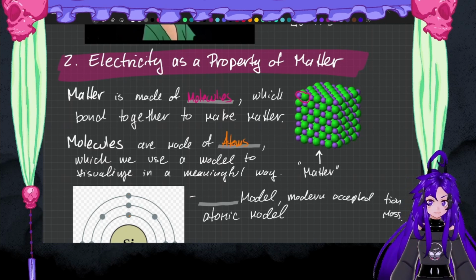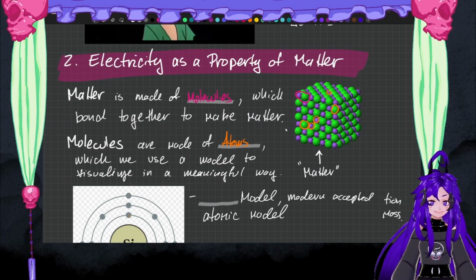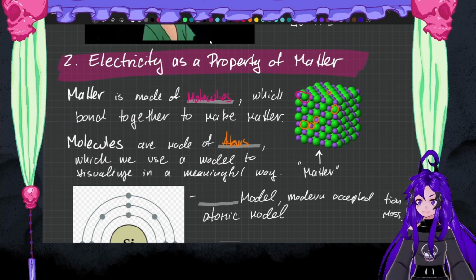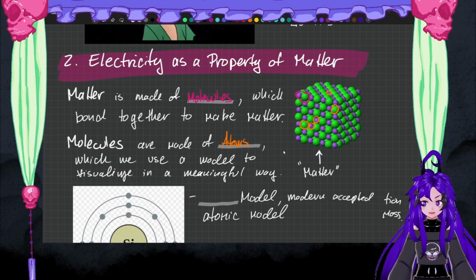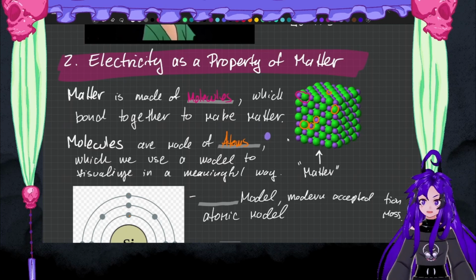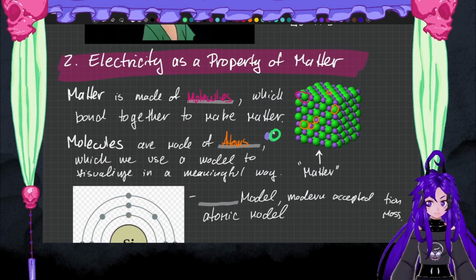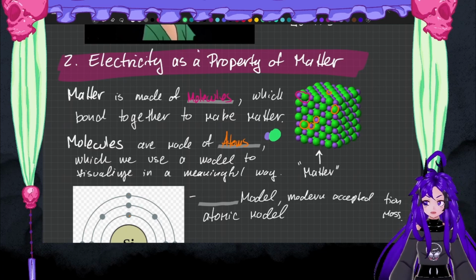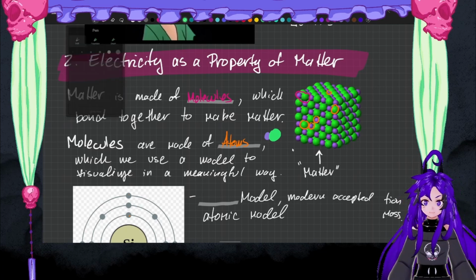So each individual one of these things is an atom. And those atoms go together, right? Those atoms are some little purple guy bonded to some big green guy. And then those are all bonded together to make this chunk of some solid matter.